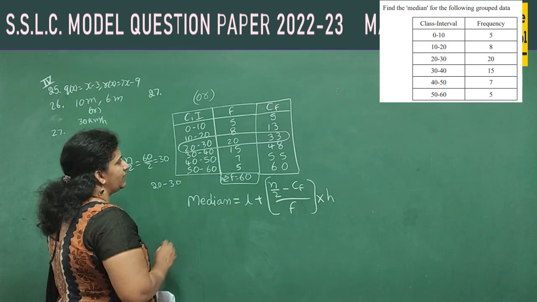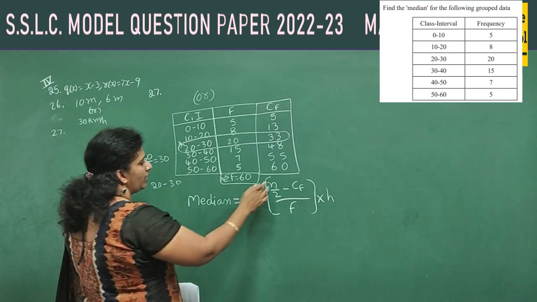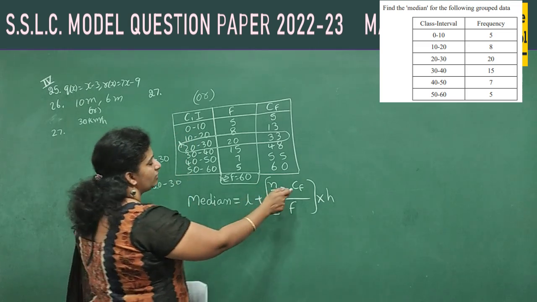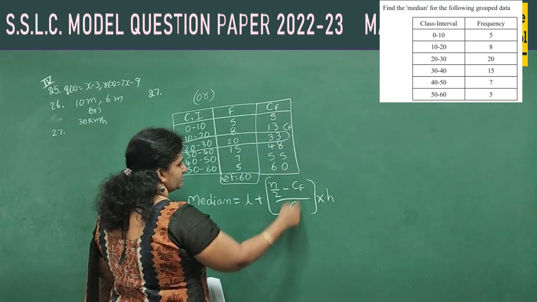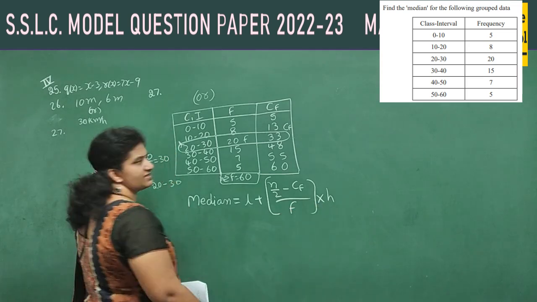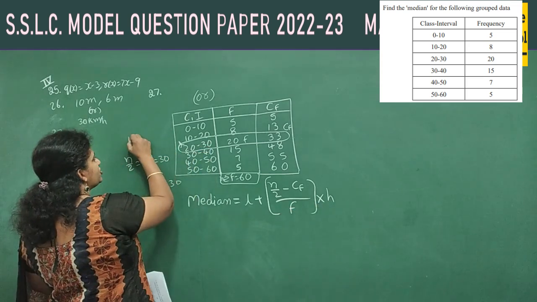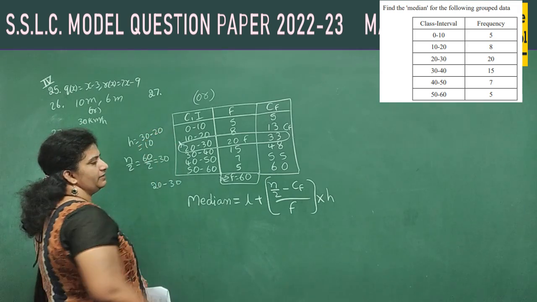And observe in the table. In median class, lower limit is L. And what about n by 2? 30. Cumulative frequency just above the median class. Frequency in the median class, H class size. That means H is equal to upper limit minus lower limit, that is 10.